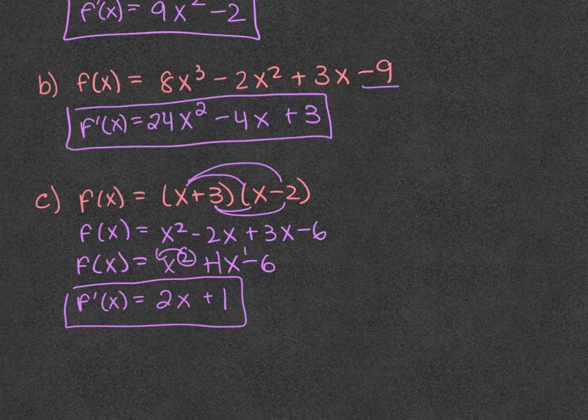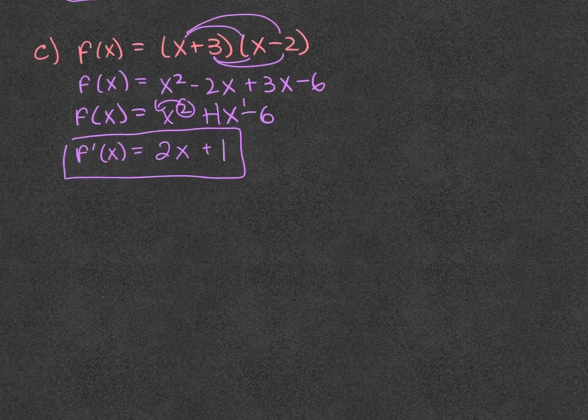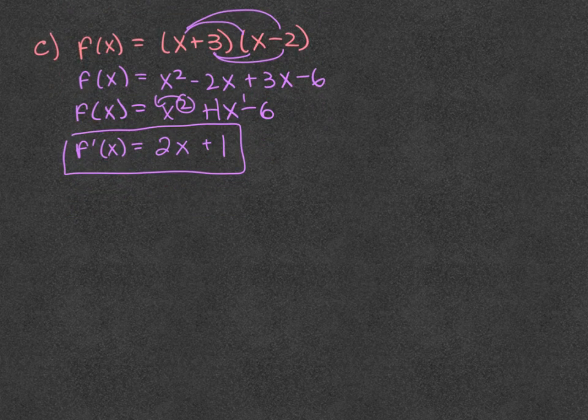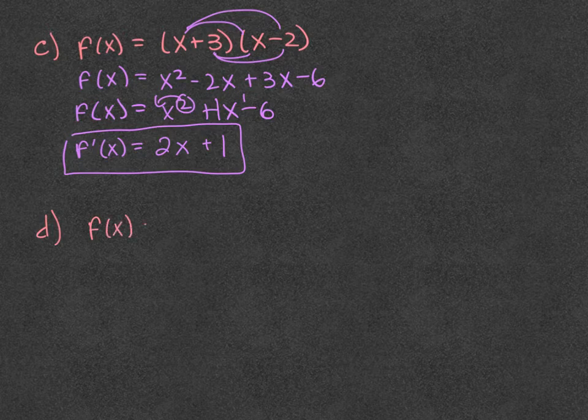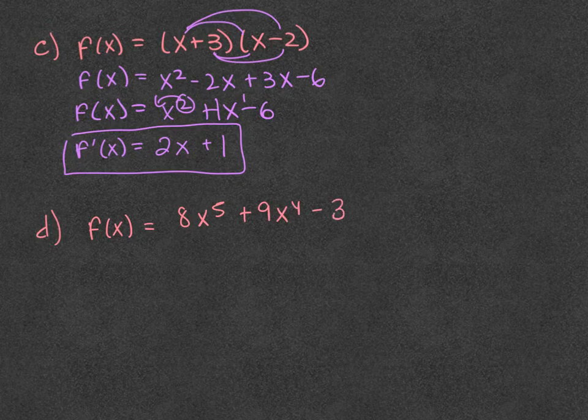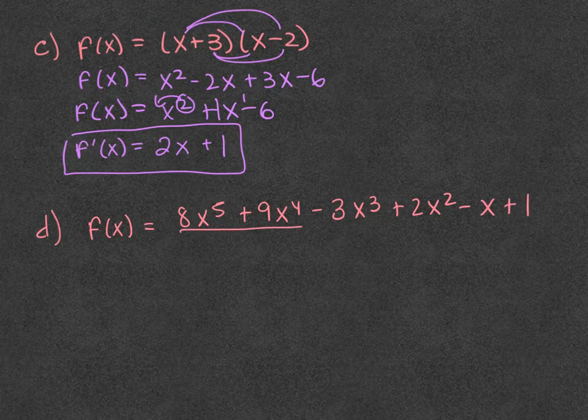Okay. Let's do one more. If we have f of x equals 8x to the 5th plus 9x to the 4th minus 3x cubed plus 2x squared minus x plus 1, all over x squared.